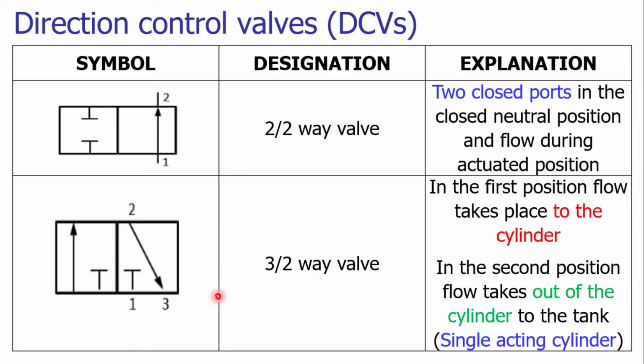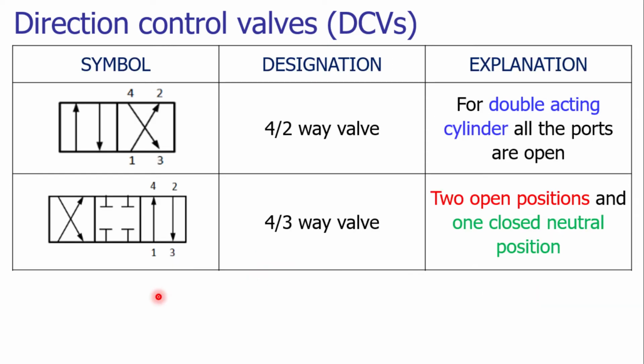From port 1, that is a pressure port, it is going to the piston cylinder arrangement and the tank port is blocked. In the second position, the flow is taking place from the cylinder back to the tank. So this is in general the working of a single acting cylinder by using a 3 by 2 way valve, 3 ports, 2 position way valve.